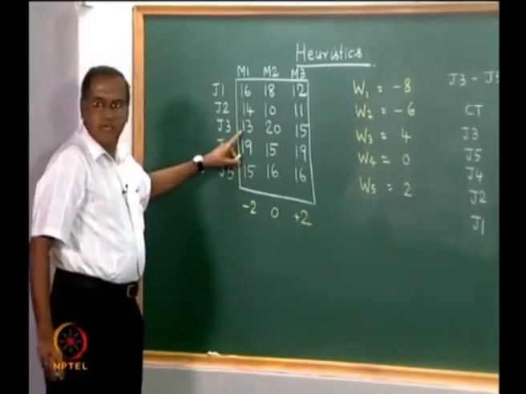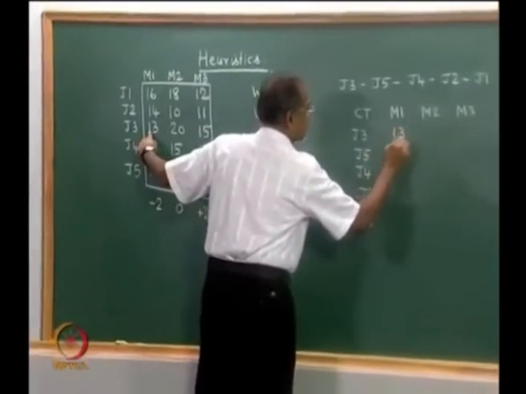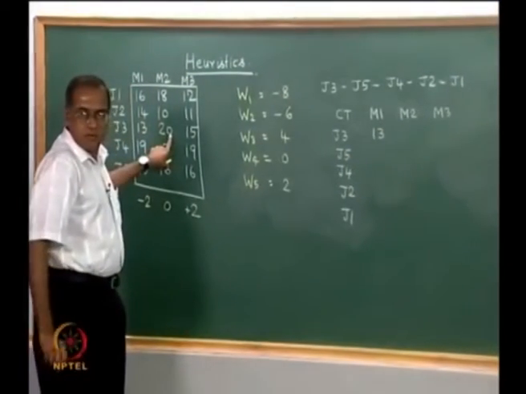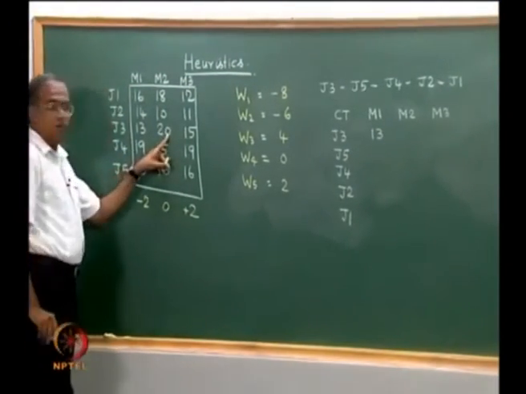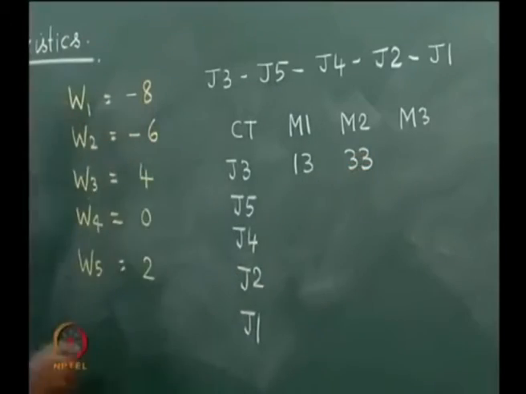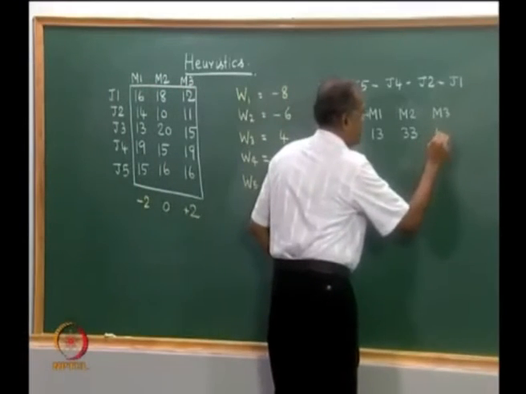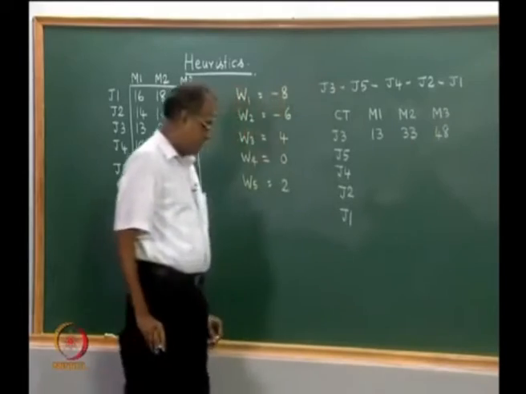So, J3 starts at 0, finishes at 13, now goes to M2 at 13, takes another 20, so finishes at 33, now goes to M3 at 33, takes another 15 and finishes at 48.